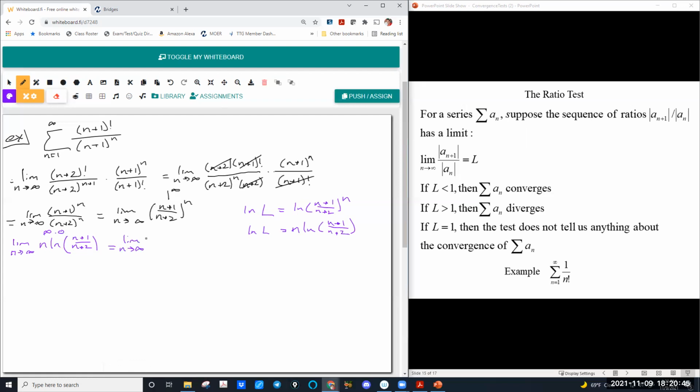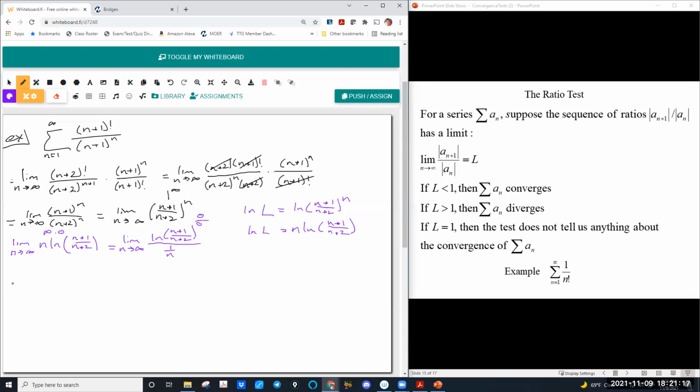It's probably easier to leave this up on top: ln of n plus 1 over n plus 2 over 1 over n. I didn't change anything. I took this n and rewrote it as dividing by 1 over n. Think about going the opposite direction. If we flip and multiply by the n, we end up here. We now have a 0 over 0 case.